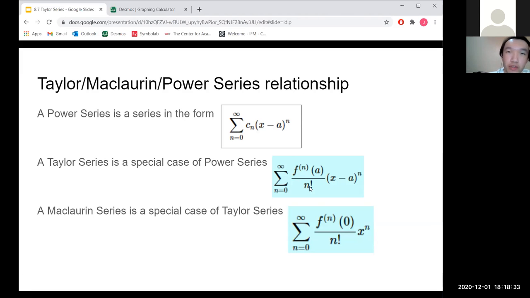So a Taylor series is just a special kind of power series. And then if you let the center be equal to 0, then you have a Maclaurin series. So a Maclaurin series is a Taylor series, and a Taylor series is a power series, okay? But not the other way around. It's kind of like the square and rectangle thing.